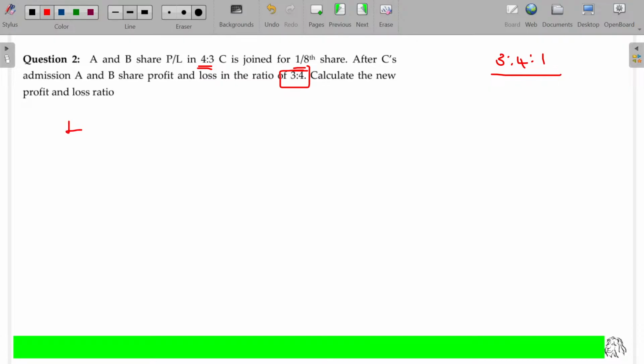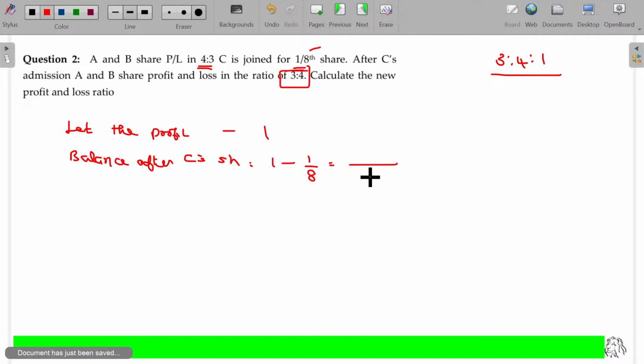Let the profit be 1. The balance after C's share is 1 minus 1/8, which is 7/8.